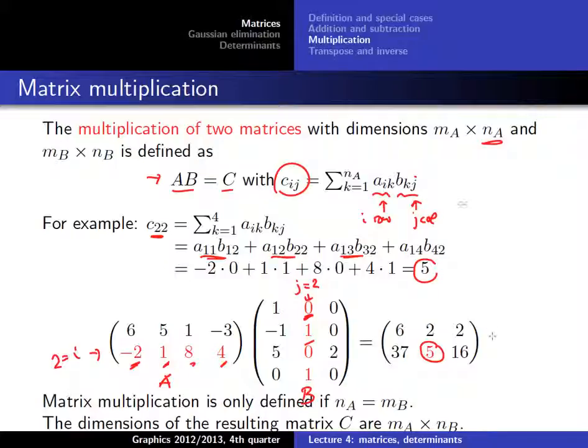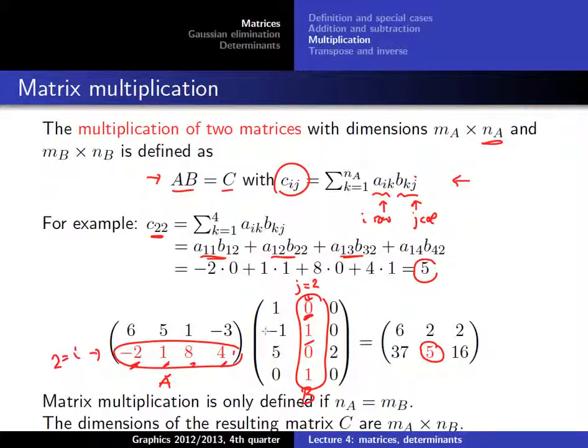Now, that might look a little strange, but if you think about it, the calculation is actually exactly the same as the dot product of two vectors. So if you consider this row and this column as vectors, the formula is exactly the same as calculating the dot product of these two vectors, which also shows us what conditions have to be fulfilled for this to be defined, because you see here these matrices do have different dimensions.